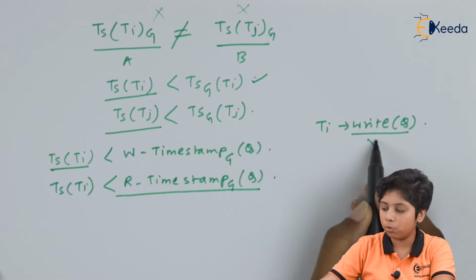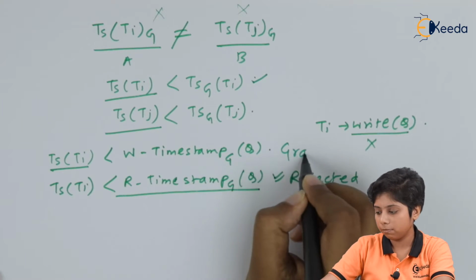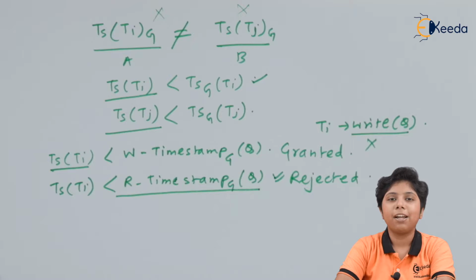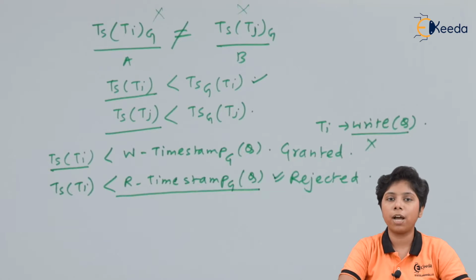So this write is rejected. In this way, with the help of a global identifier, we can either grant or reject a write operation on the basis of this local timestamp and the site identifier.